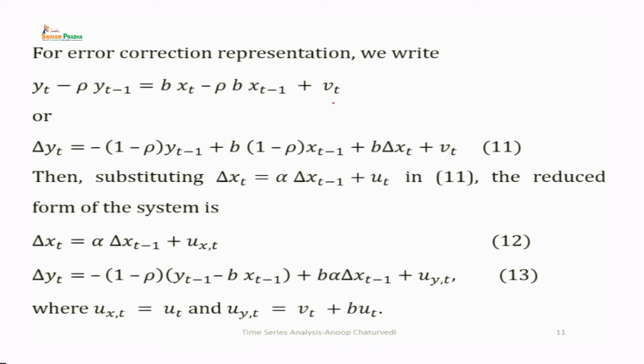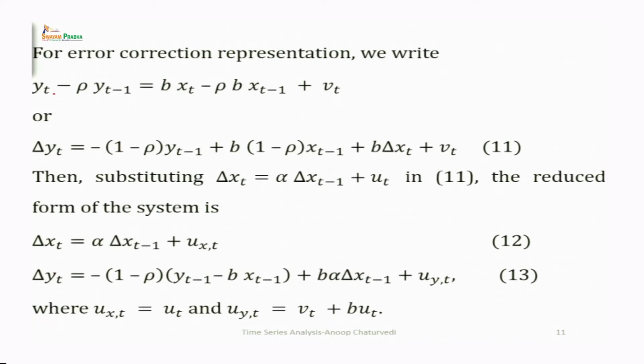Or you can say delta y t is equal to minus (1 minus rho) y t minus 1 plus b (1 minus rho) x t minus 1 plus b delta x t plus v t. So, you can write the model in this form.